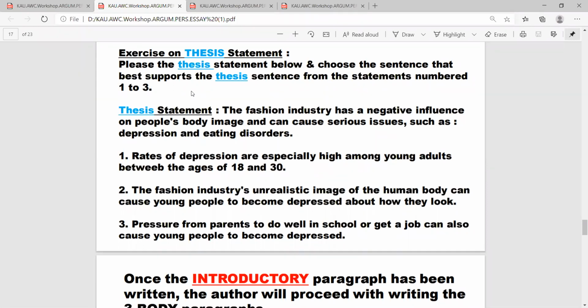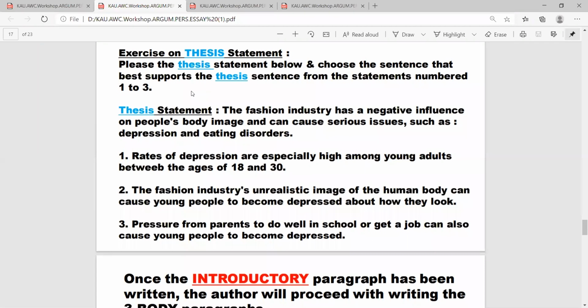So we will choose from 1 to 3, and the thesis statement: the fashion industry has a negative influence on people's body image and can cause serious issues such as depression and eating disorders.